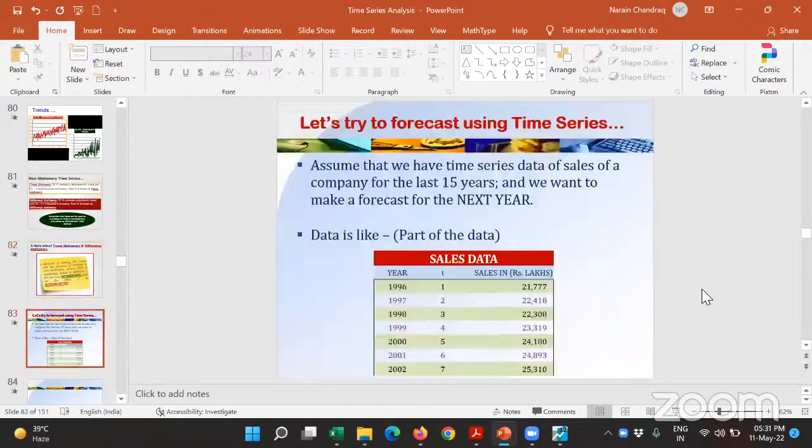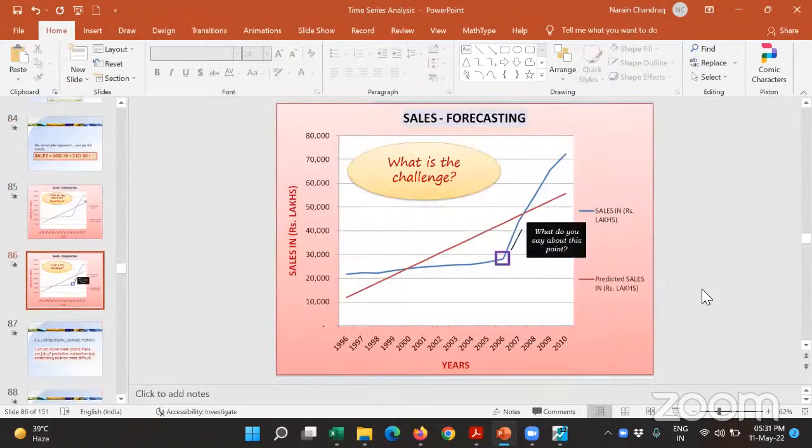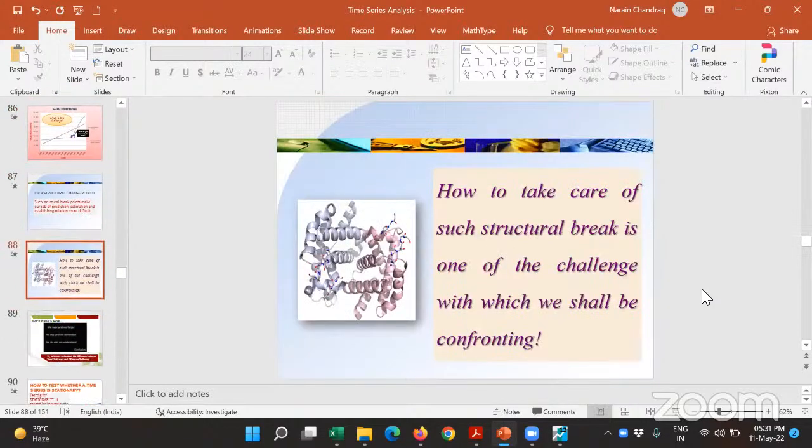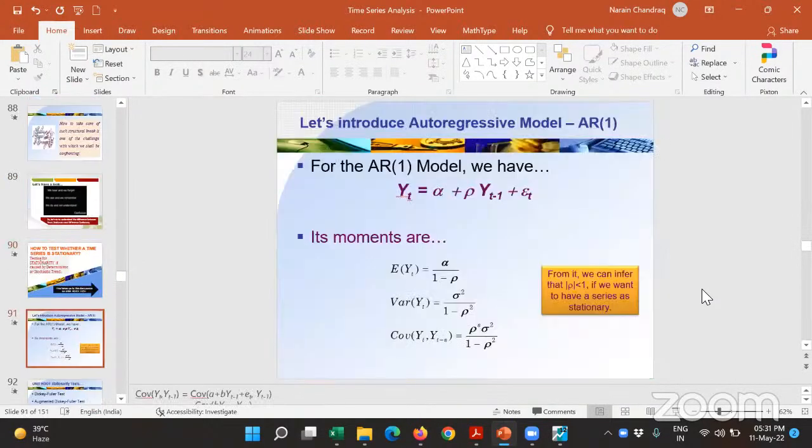So we talked about that as well. We talked about the structural breaks, which also result into non-stationarity as well.